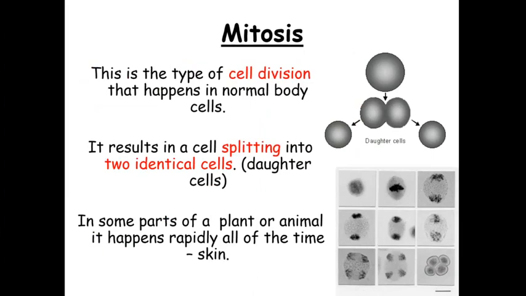Mitosis is a type of very basic cell division that happens in every single normal body cell except for the sex cells. Overall, it's just the splitting of a cell into two identical daughter cells, they're called, and those daughter cells have an identical genome to the original.